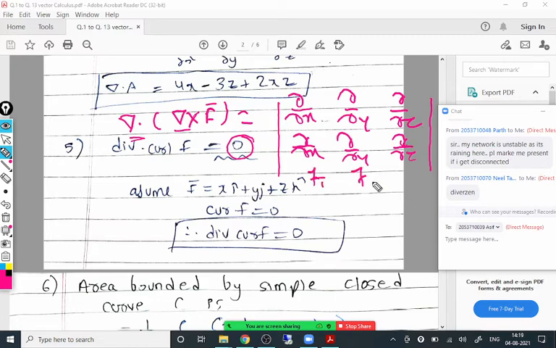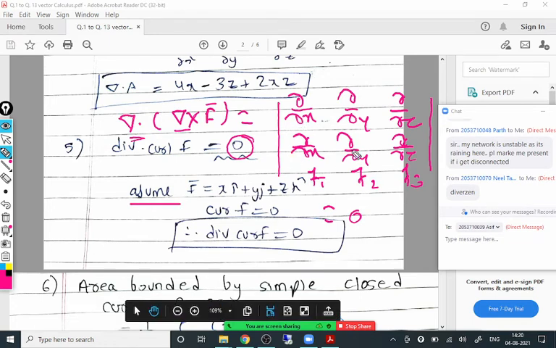Now if you expand this determinant, your answer will come 0, because two rows of the determinant are identical. When divergence of curl f means del dot del cross f, this is the box product. Box product is given in determinant. Two rows of determinant identical, so value is 0 there. So here in particular shown, but in general you can write like this also. Okay.